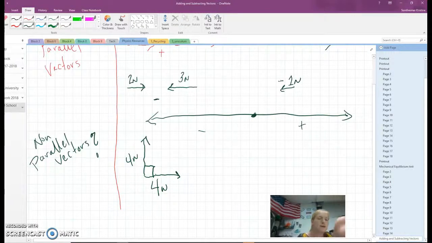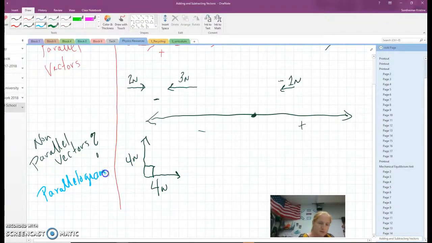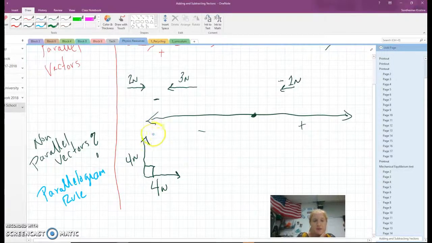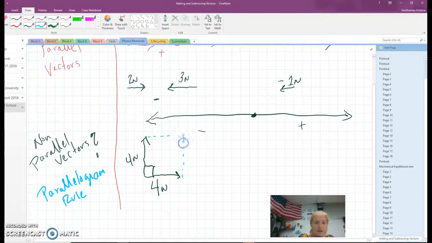When we calculate this, the first thing you need to realize is the parallelogram rule. What that is just simply the resultant will go the direction that connects the parallelogram. So in this case, I'm going to do my dotted line, dot, dot, dot, dot. I'm going to do a dotted line here. Okay.